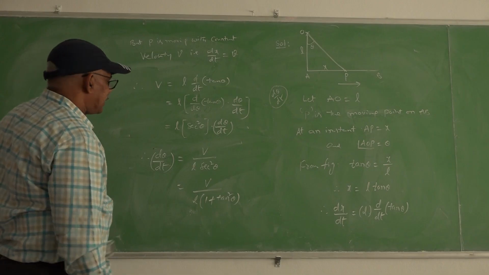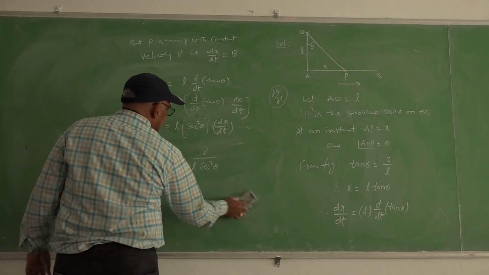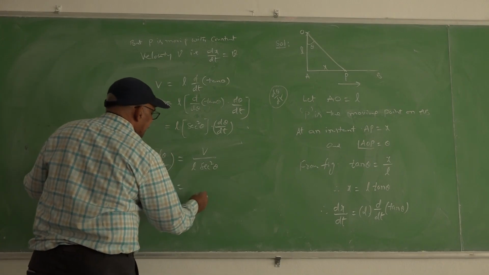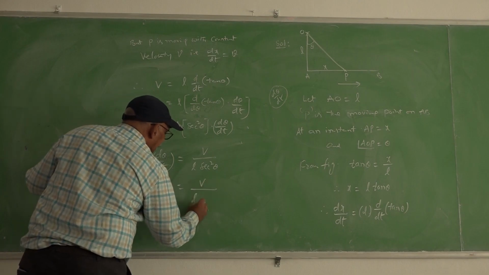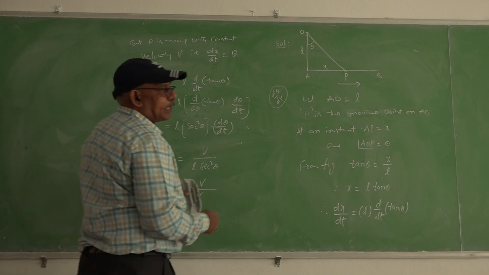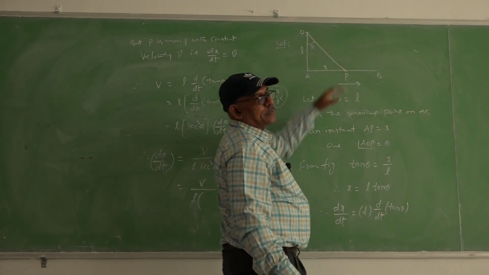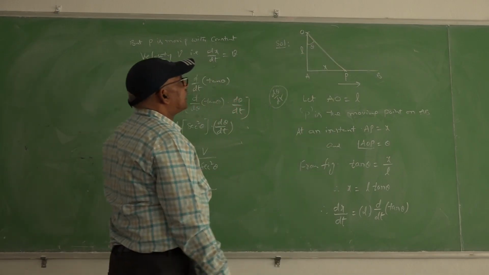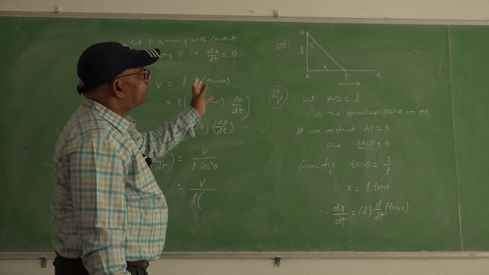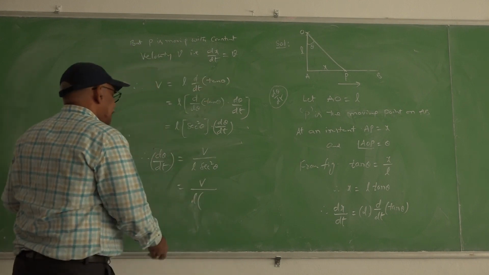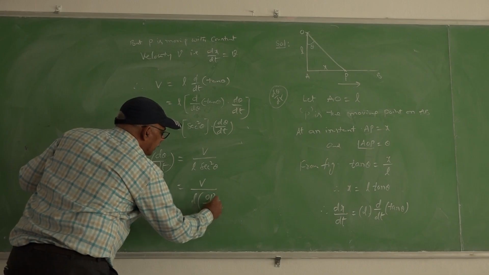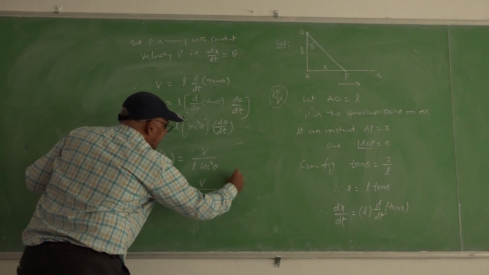Otherwise, I will replace secant theta straight from the figure: v by L into secant theta, which is the hypotenuse by the adjacent side, that is OP by L, whole squared.